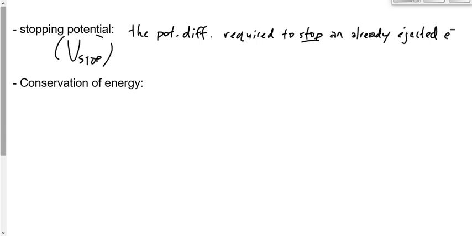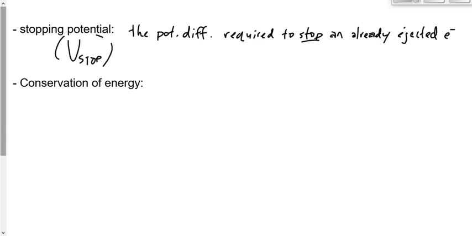Now that's not going to make a lot of sense to you on the surface here. An electron's been ejected. The photoelectric effect has already taken place. Why would we want to stop it? Well, you'll see why tomorrow. It involves doing experiments to determine the threshold frequency and some of the other properties of particular metals. Bottom line is we might. There might be a reason why we would want to stop the electron after it's been ejected.